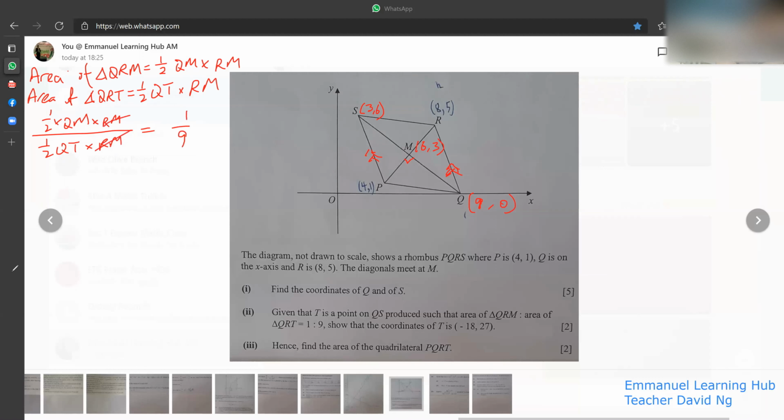So RM can cancel, and you will have 9QM is equal to QT.